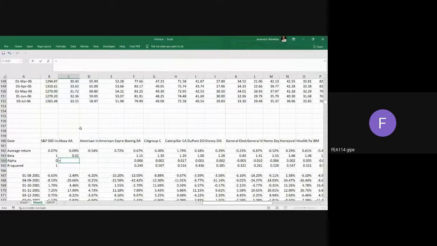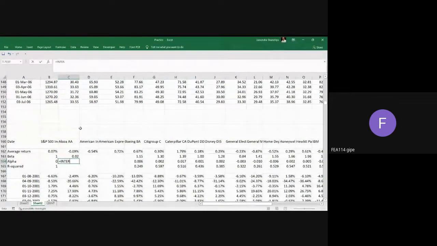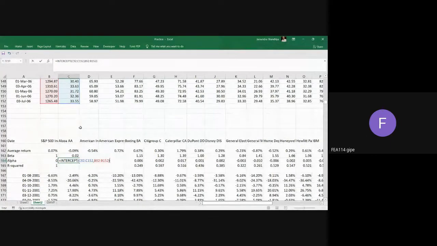Similarly, I will calculate alpha for this, and then finally R square.